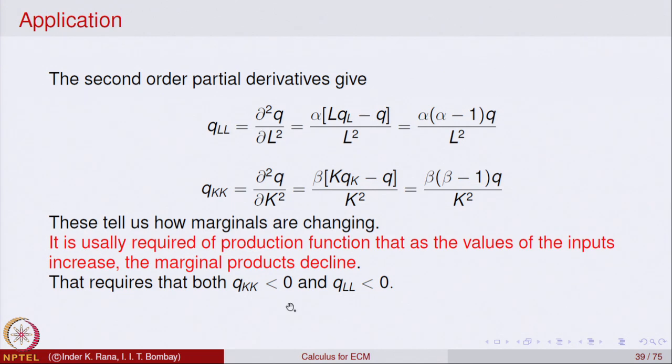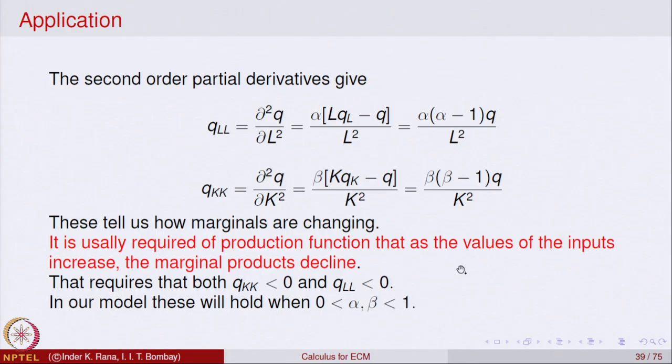If they are negative, then that condition will be true when alpha and beta are both less than 1. They are positive quantities, so they should be between 0 and 1. So, in the Cobb-Douglas model, normally one says alpha and beta are positive constants between 0 and 1. That is the basic assumption taken in the Cobb-Douglas model, and the reason is this basic principle of economics.